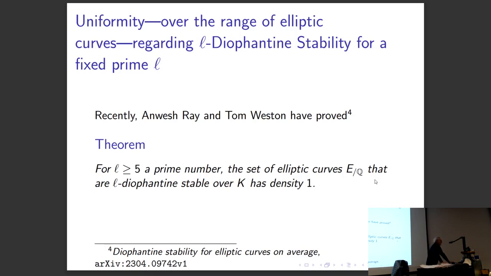Now, there's uniformity in various directions. Anyway, recently we have this absolutely amazing theorem that if L is a prime number, the set of elliptic curves E over Q that are L-Diophantine stable over K has density 1.